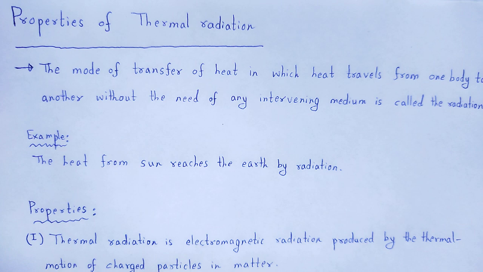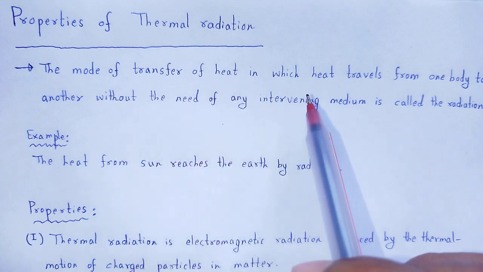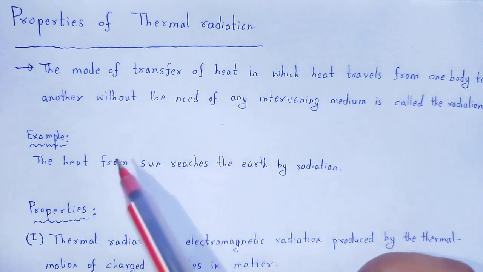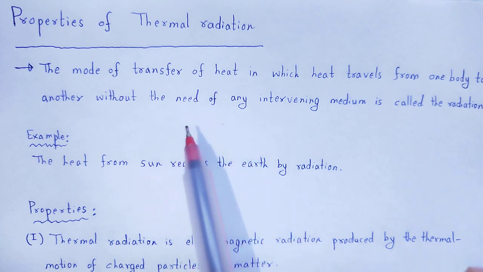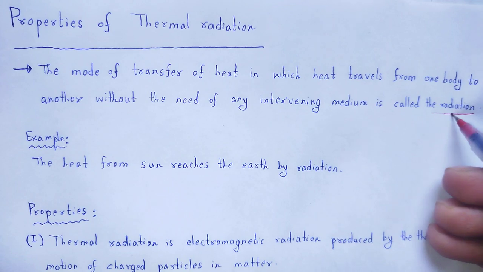Last one, the mode of transfer of heat, that is radiation. Here we discuss thermal radiation. What is radiation? The mode of transfer of heat in which heat travels from one body to another without the need of any intervening medium is called radiation.